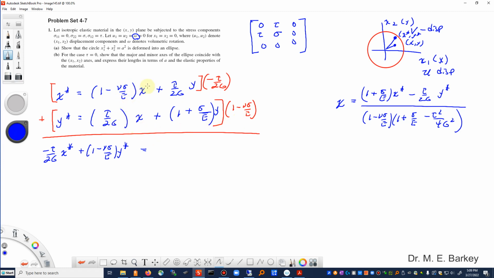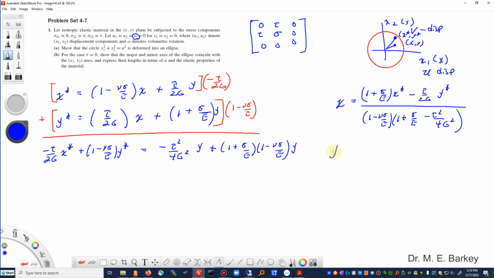So this x term will annihilate each other. I'll have a minus tau squared over 4G squared y, and I'll have a 1 plus sigma over E times 1 minus nu sigma over E times y.